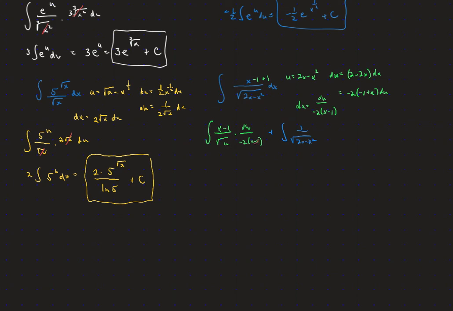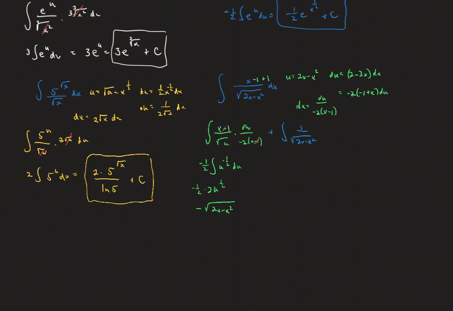We can cancel our x minus 1s, and this integral is coming along swimmingly. We have u to the negative 1/2 du, so that's going to be u to the 1/2 times 2 times that extra negative 1/2, so that's going to be a negative square root of, and our u was that 2x minus x squared. Now we got to do the other part.